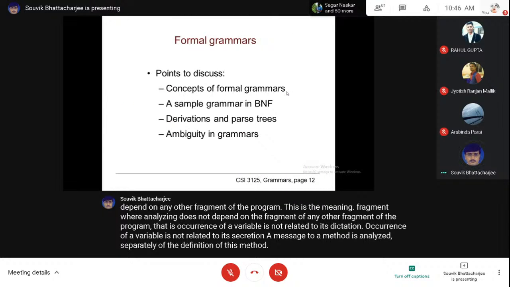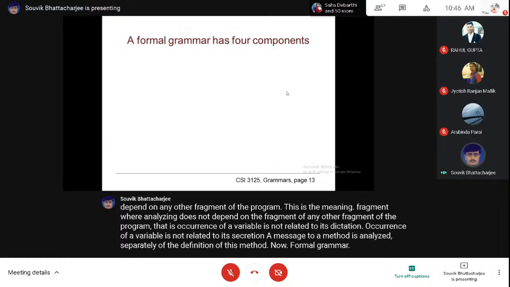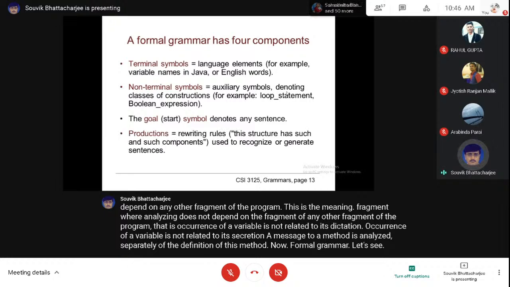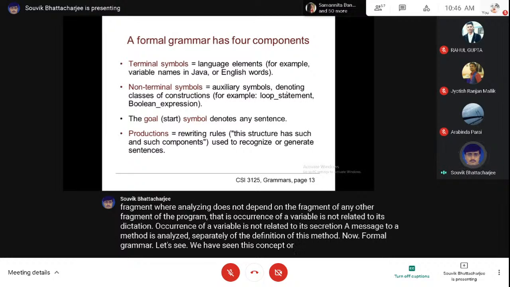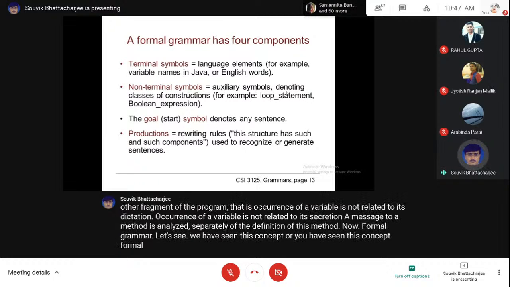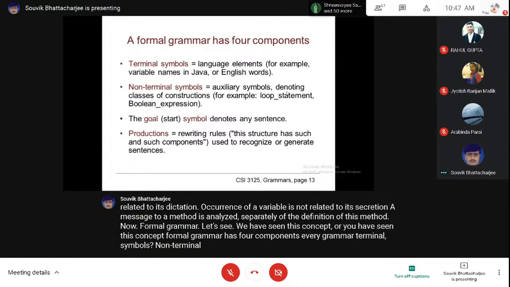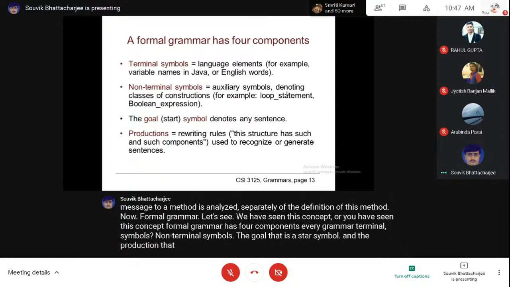Now, formal grammar. You have seen this concept. A formal grammar has four components: terminal symbols, non-terminal symbols, the goal, that is the start symbol, and the productions, that means rules.